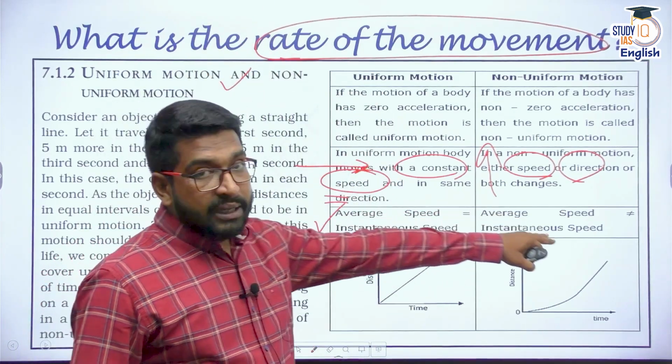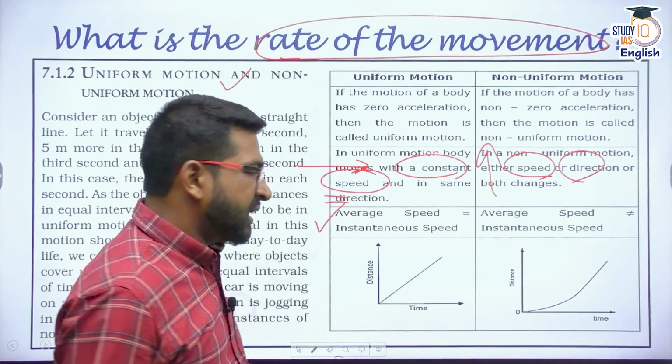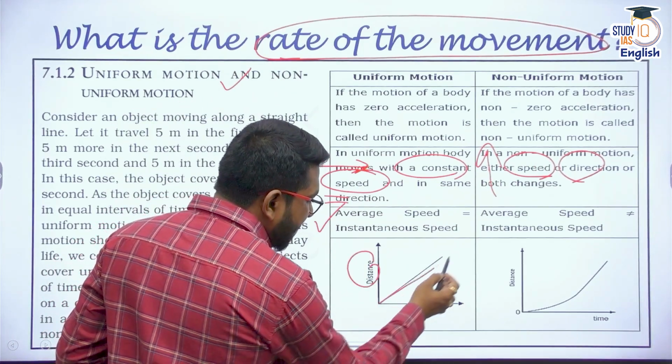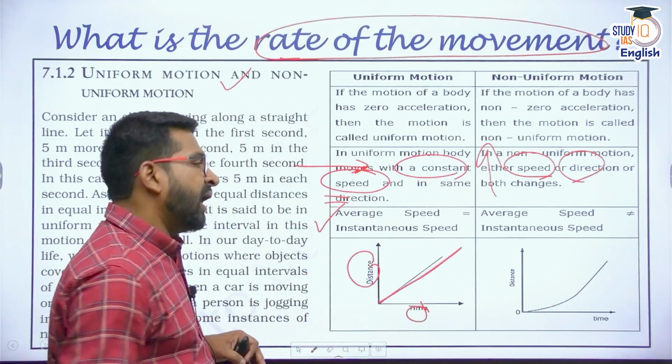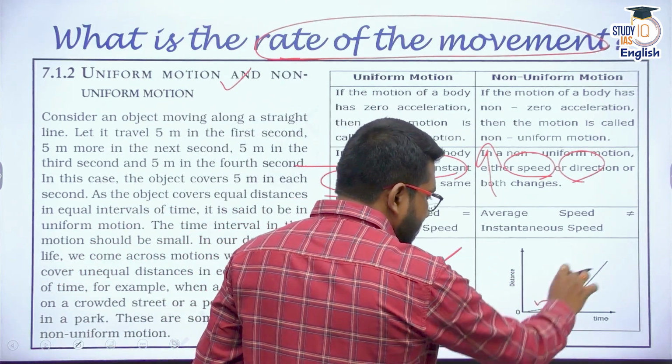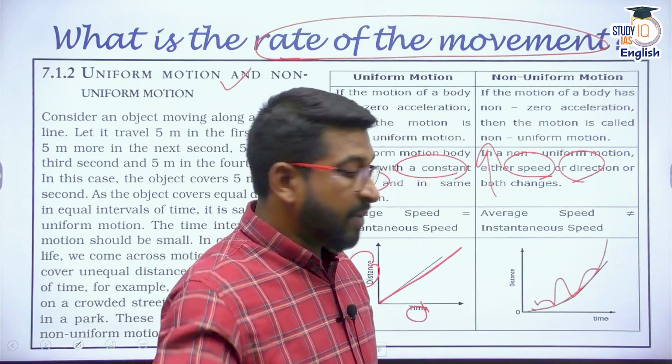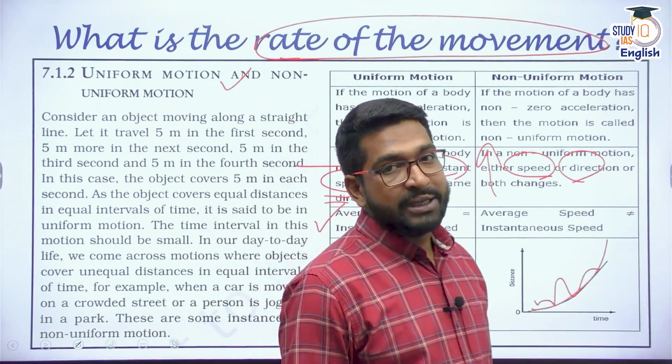But in non-uniform motion, the instantaneous speed and average speed would be different. If you draw a graph of distance and time, uniform motion would be defined something like this, and a non-uniform motion would be anything, not just this. An example is this, but anything can be non-uniform motion apart from the straight line that I have drawn here.